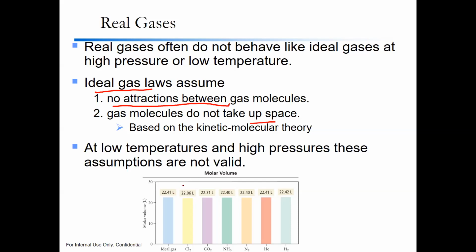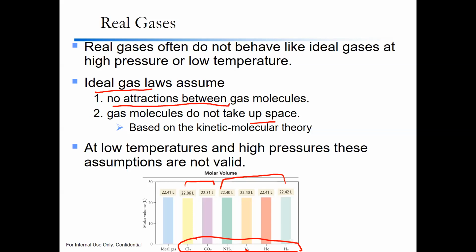And if you look at real gases, here are some real gases, and these are some real experimental numbers. 1 mole, how much does it occupy? This one, 22.06, 22.3, 22.4. So they're all pretty much spot on. There's a little variability with some other chemicals, but they're pretty much the same.